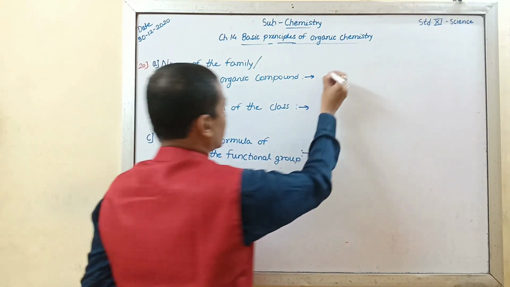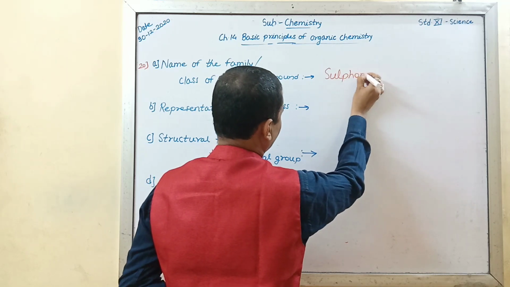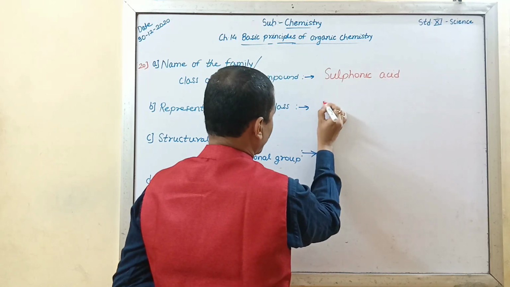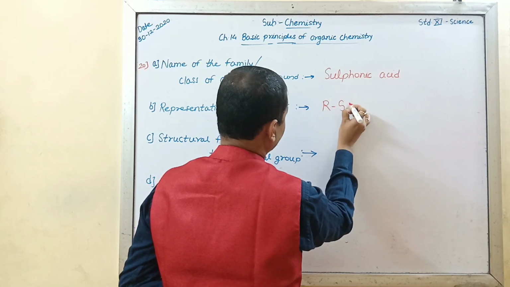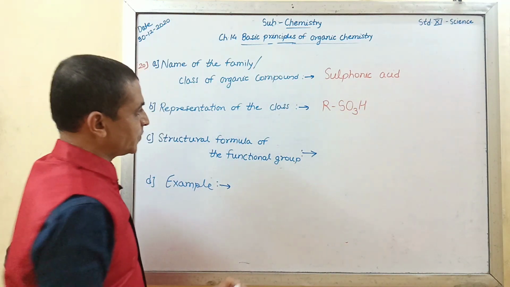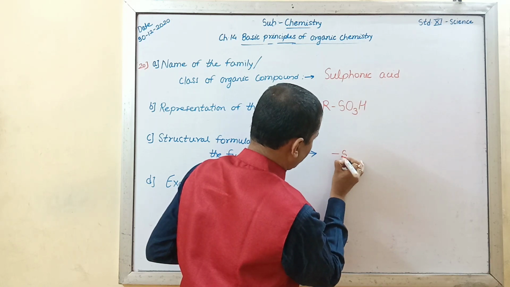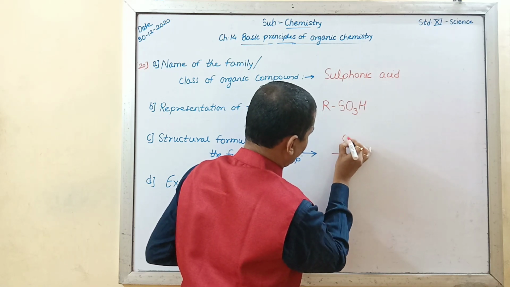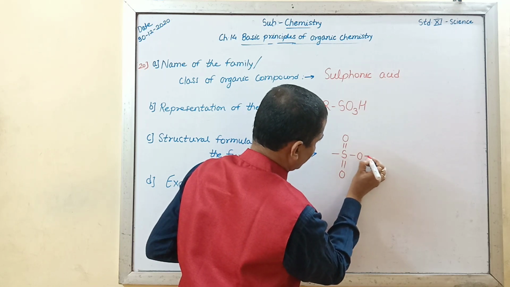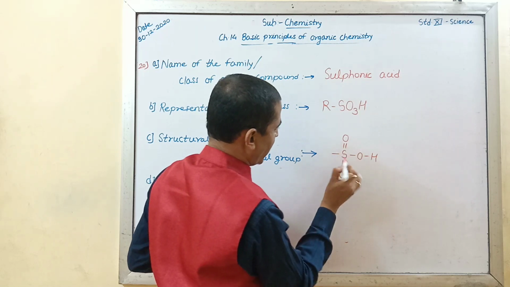Next class is what? Sulfonic acid. The general formula, or general representation, can be written as RSO3H. Now see how to write the structural formula of sulfonic acid: SO3H.